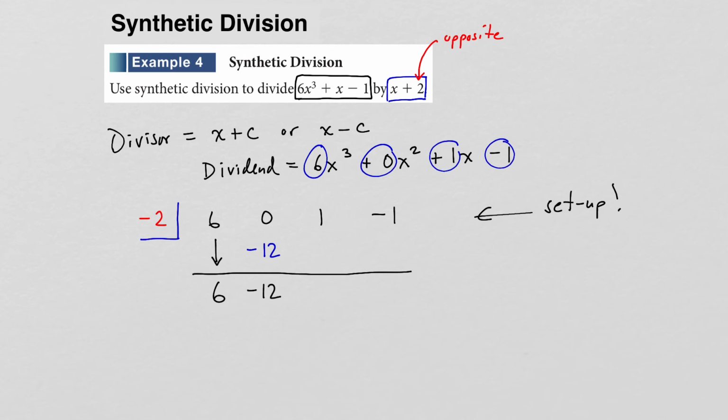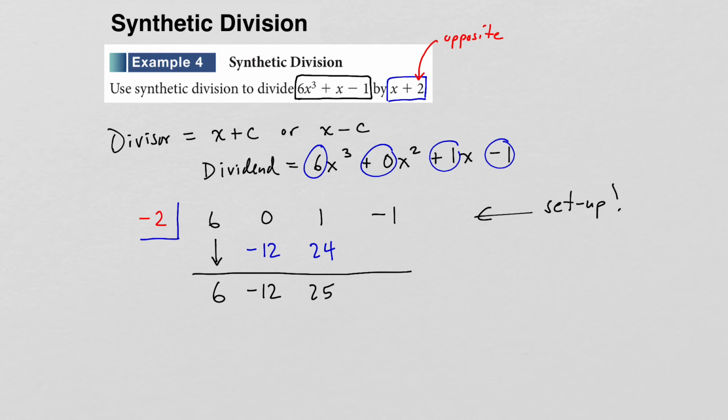And then you repeat that process. We take the number in the box, negative 2, and we multiply it by the number here, negative 12. Negative 2 multiplied by negative 12 is positive 24. And then we add these numbers. 1 plus 24 is 25.